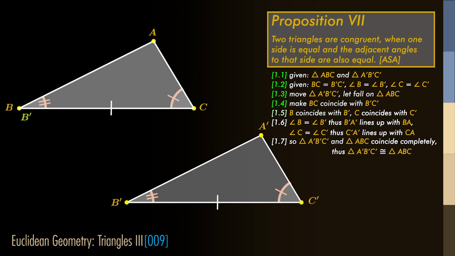The point B will coincide with B' and the point C will coincide with C'. As the angles in B and C are equal to the angles in B', C' respectively, we deduce that B'A' lines up with BA and C'A' lines up with CA. So the triangles coincide completely, ergo they are congruent.